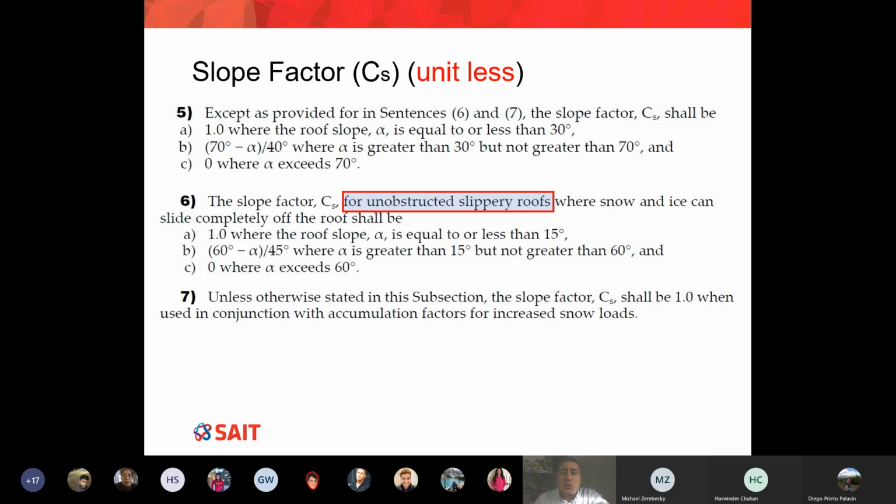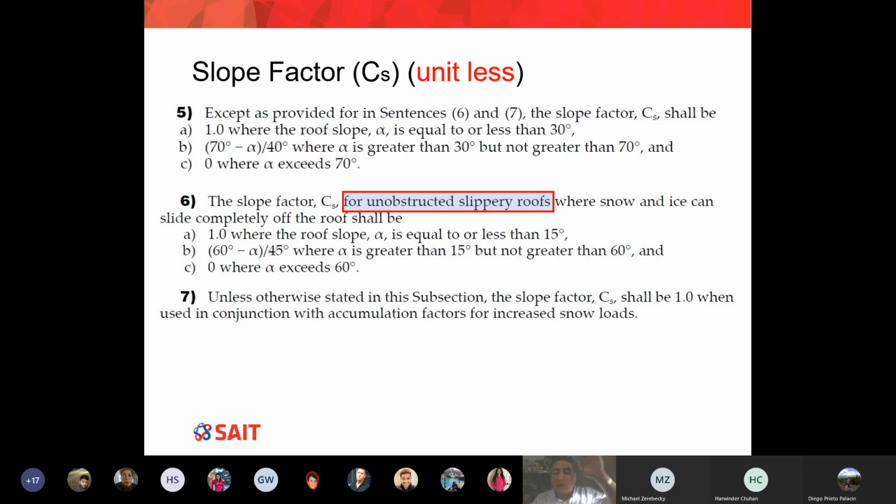How about if it's in between 30 and 70? You have one equation. For example, let's do an example. What if my angle is equal to 40? Okay, let's say my angle is equal to 40. So 70 minus 40 is equal to 30. 30 divided by 40 will give you 75%. So if your material is rough, like asphalt shingles, and the angle is 40 degrees, then in this case the slope factor is equal to 75%.